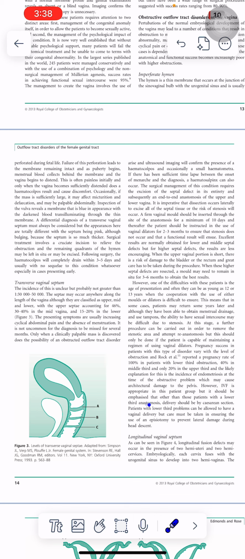Patients usually present either with difficulty inserting tampons or discomfort during intercourse, and they may not present at all until delivery, when it is an incidental finding. Sometimes these patients may present because they have a double uterus. As you can see in this type, this one is partial and may present earlier, but in this case it is sometimes a full septum, so the pregnancy may be in either uterus.